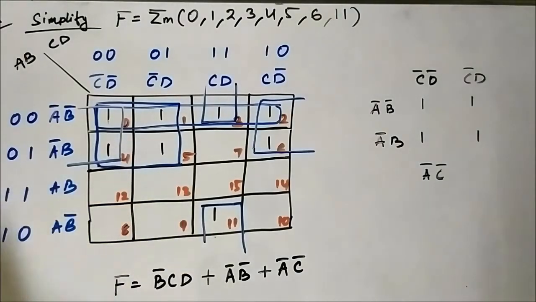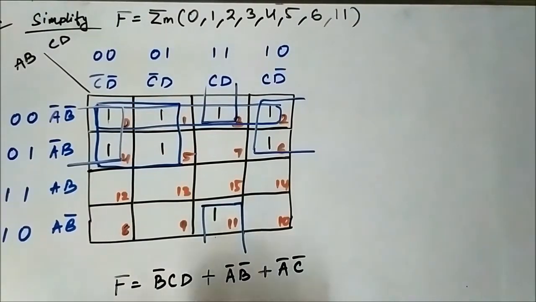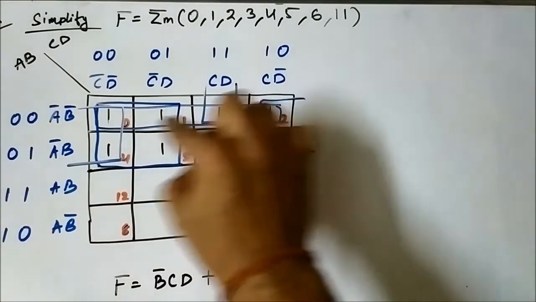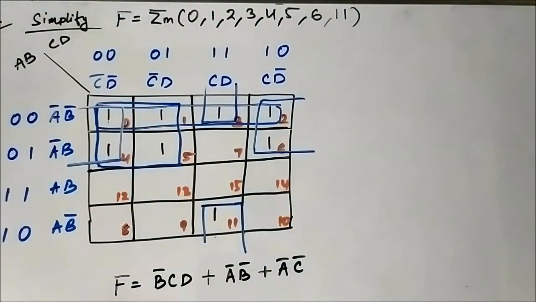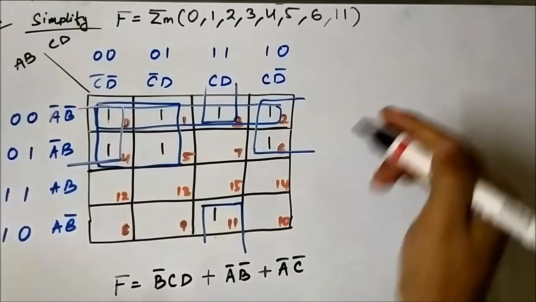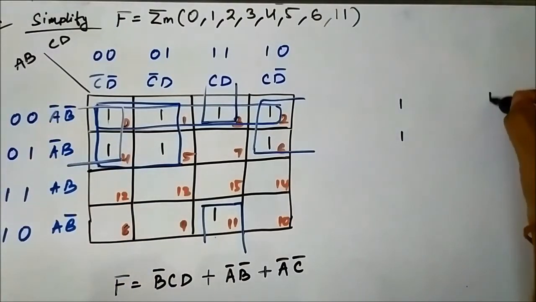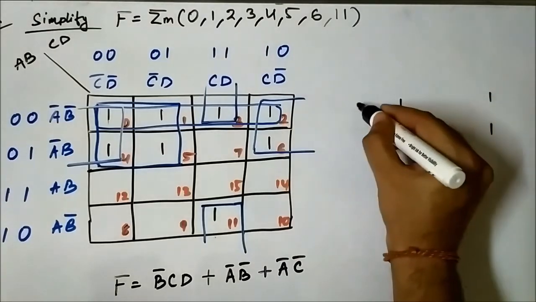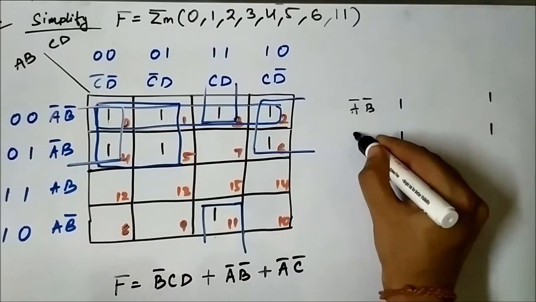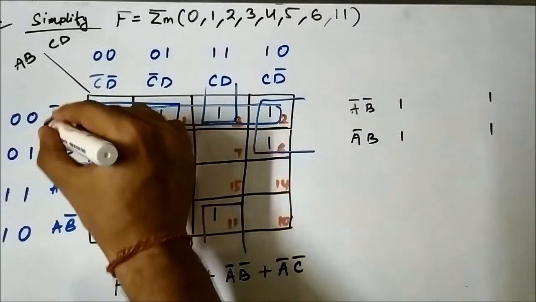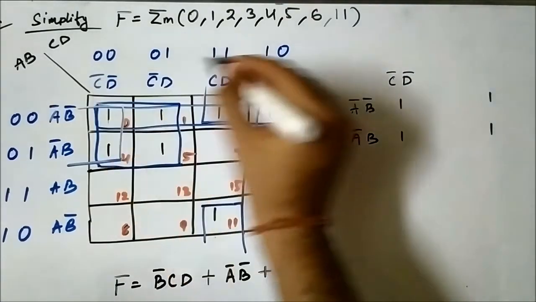Now there is only one group remaining, another quad, these 2 and these 2 cells, 0, 4, 2 and 6. Let us write the horizontal and vertical variables. A bar B bar, A bar B, and C bar D bar and CD bar.